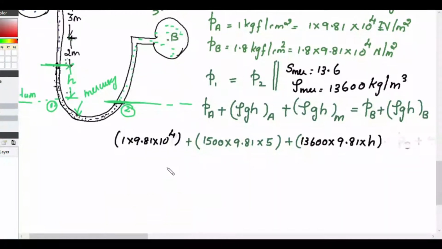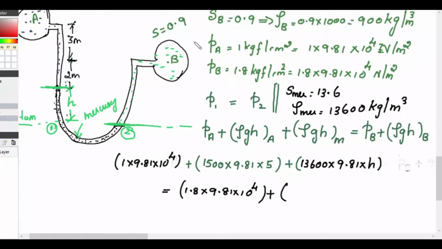So this is equal to pressure at B. Pressure at B is 1.8 into 9.81 into 10 raised to 4 plus rho g h of B. Here the density of the liquid at B is 900, so 900 into 9.81 into the height. How much is the height here? From this to this, it is 2 plus h. So the height is 2 plus h.